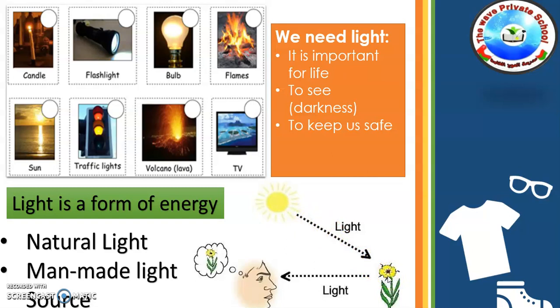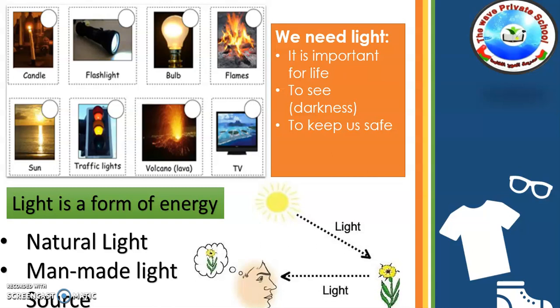And then from the flower, the light bounces into the eye of the person. And that's the time that the person can see the object. But how will the person know if that is a flower? If you remember, I told you last time that our eyes will send a message to our brain, and our brain will tell us, okay, that is a flower. So that's the time that we can see the object, and that's the flower. So much for our light.